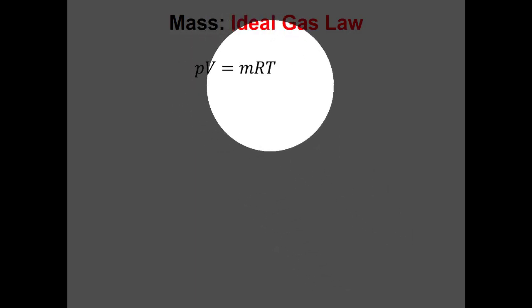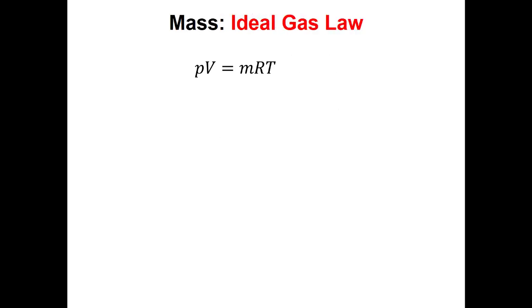PV is equal to mRT. This equation has mass in it, which is good because I'm trying to find the mass. So here I can isolate for mass. It's PV divided by RT. So if there's some state where I know P, V, and T, and R is constant for the whole process, then I'll be able to find the mass.